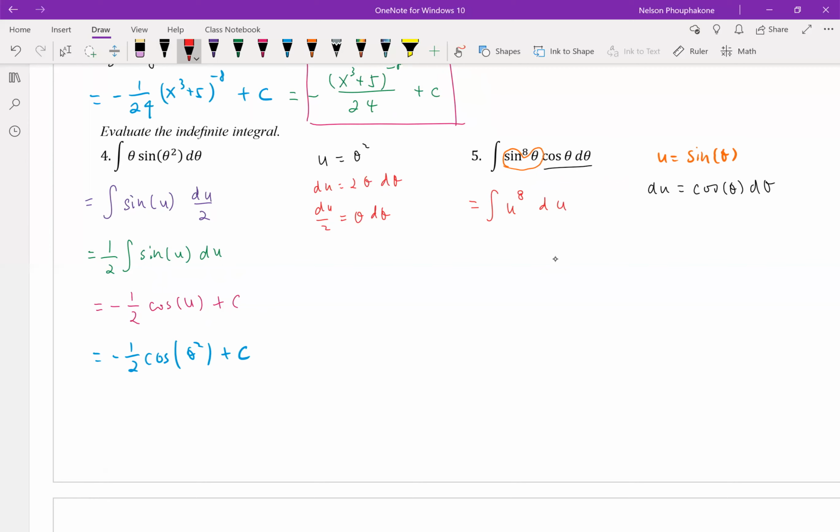Then I will have u to the 9 over 9 plus c. And of course, u is cosine. Oh, I'm sorry. u is sine. So sine theta to the 9th power over 9 plus c then.